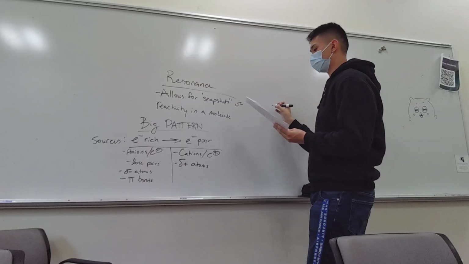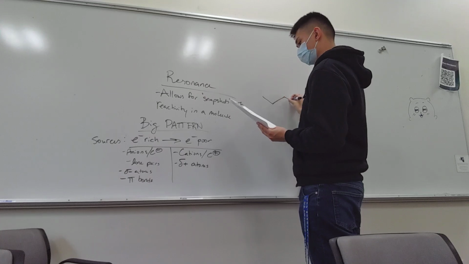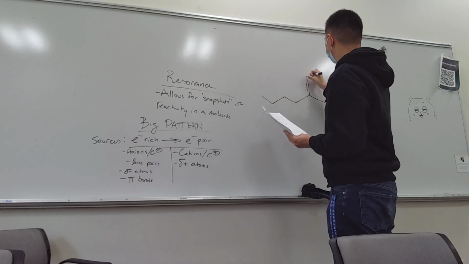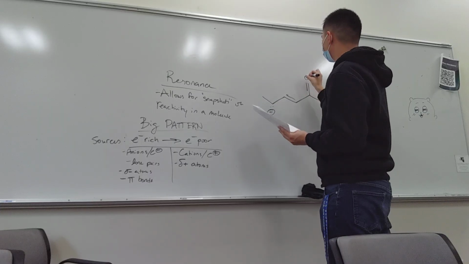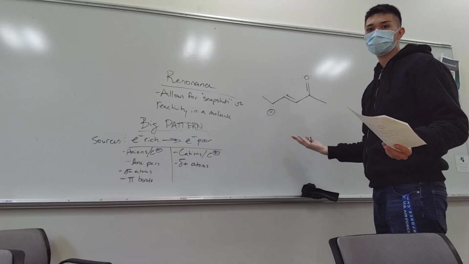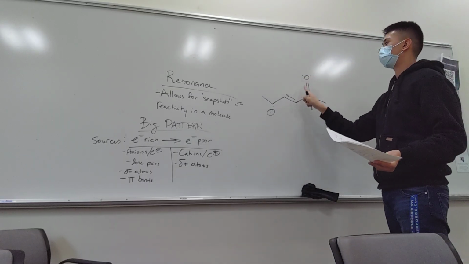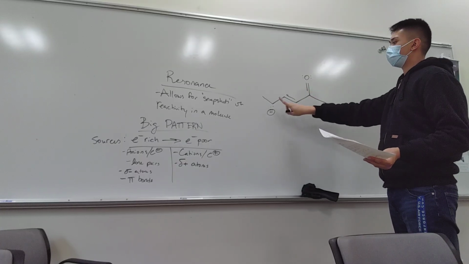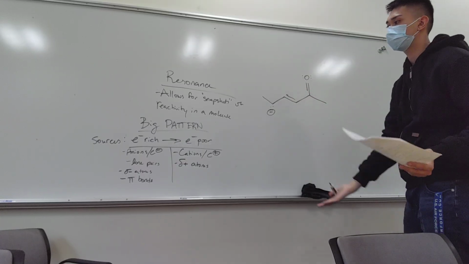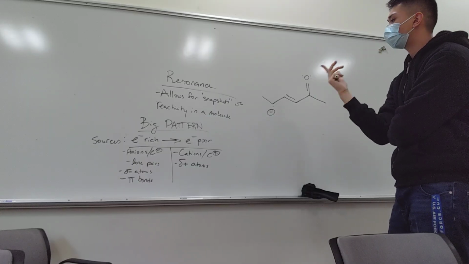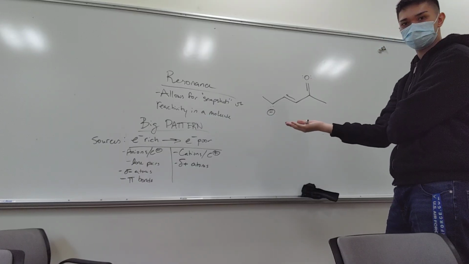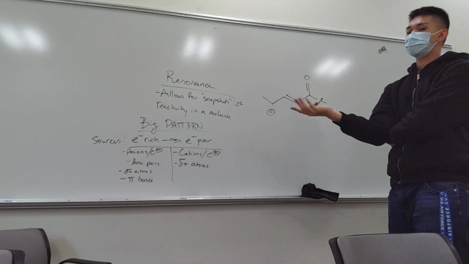Let's talk about this one. Okay, so right off the bat, we can see that we have a pi bond and a carbanion. So we have a lot of electron-rich areas. Do we see any electron poor areas? Do we?